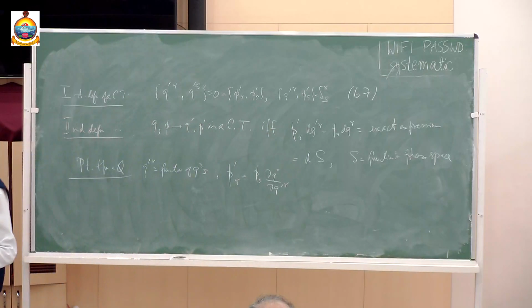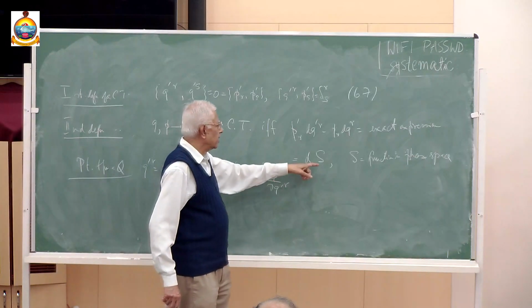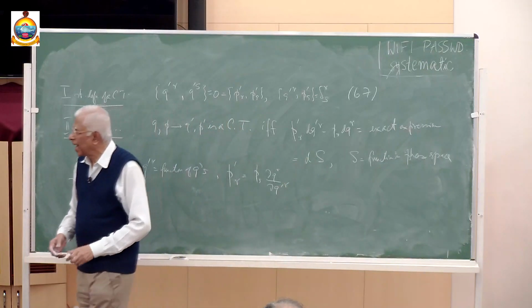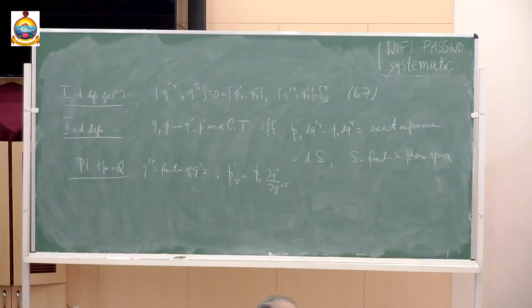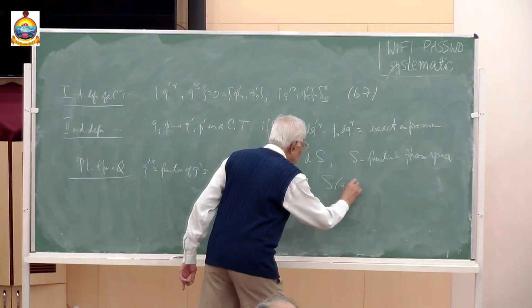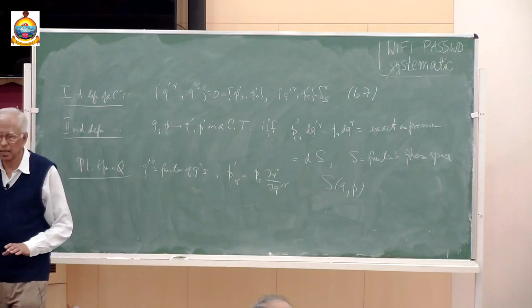Now, I make some statement, I won't write it down. Suppose you decide you will express this function S as a function of Q's and P's. Certainly possible, because Q's and P's together form a complete independent set of coordinates for phase space. So I can imagine that I write S explicitly as some function of Q's and P's in this second definition.